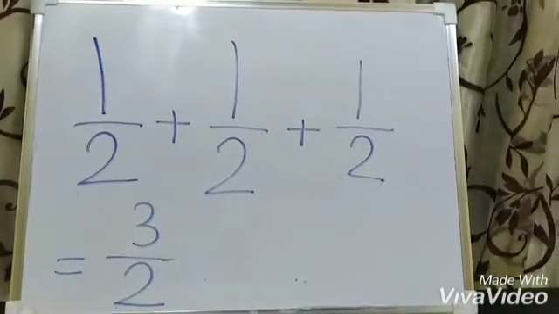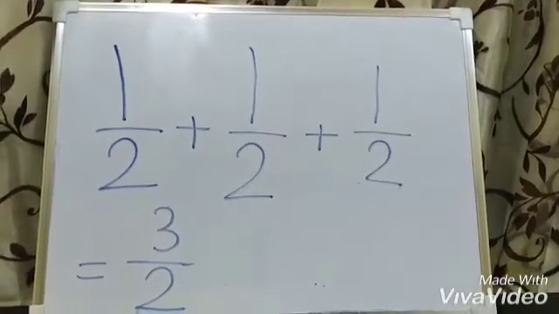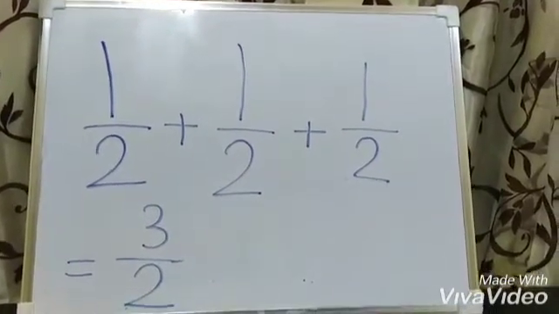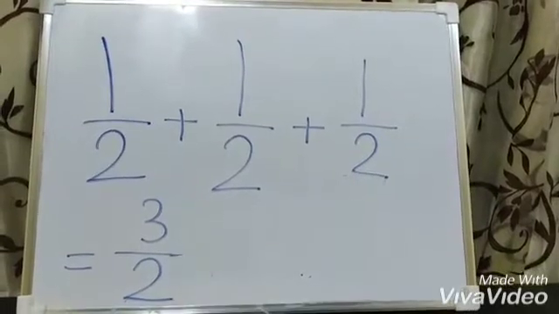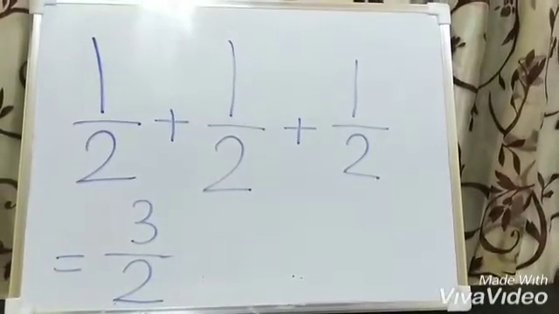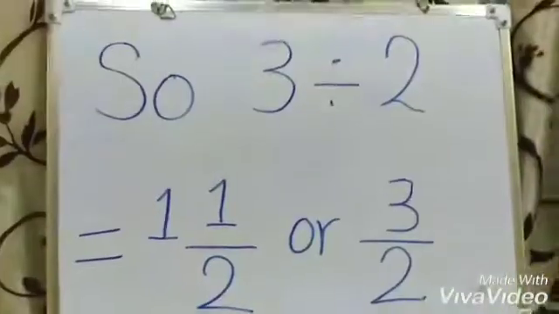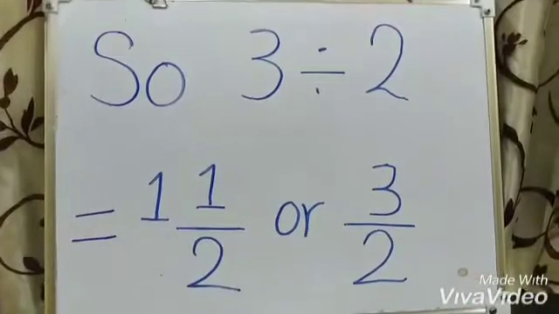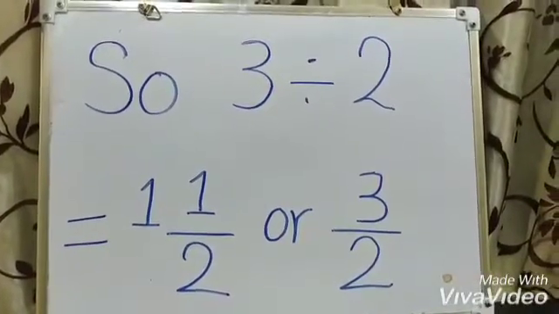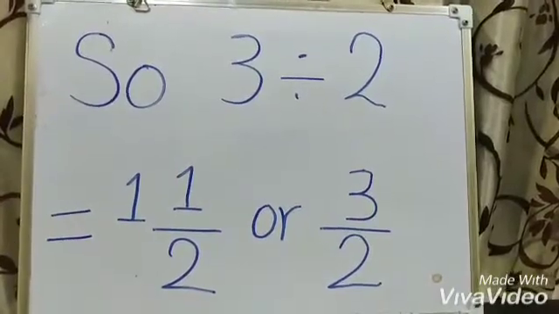We can say that each one of them will get 1/2 plus 1/2 plus 1/2, which equal 3 halves. We can write 3 halves, 3 divided by 2, which is 3 halves. So 3 divided by 2 equal 1 1/2 or 3 halves.